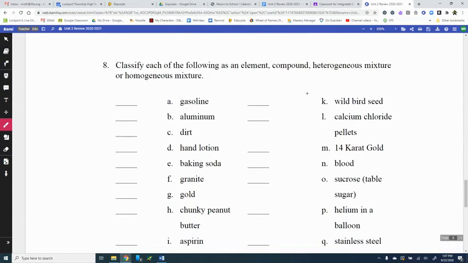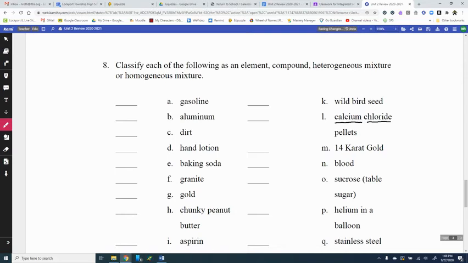All right, so element, compound, heterogeneous, or homogeneous mixture. Now, to determine if something is an element, you just look on the periodic table of elements. If it's not on there, it's not an element. To determine if something is a mixture versus a compound is a little bit trickier. Generally, compounds have names like this one over here, calcium chloride. That is calcium, which is an element, and chloride, which is another element.